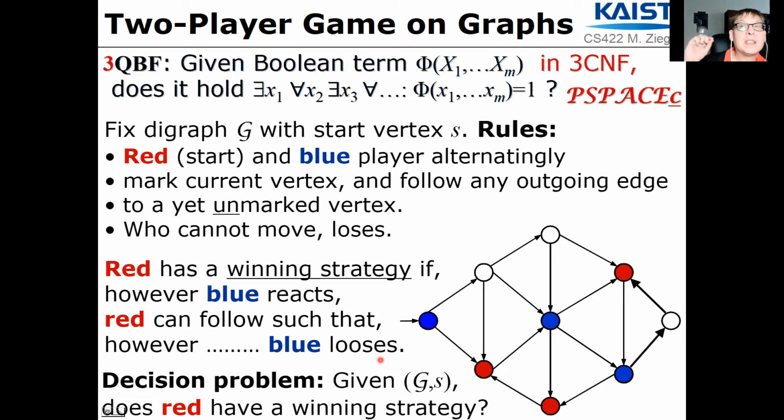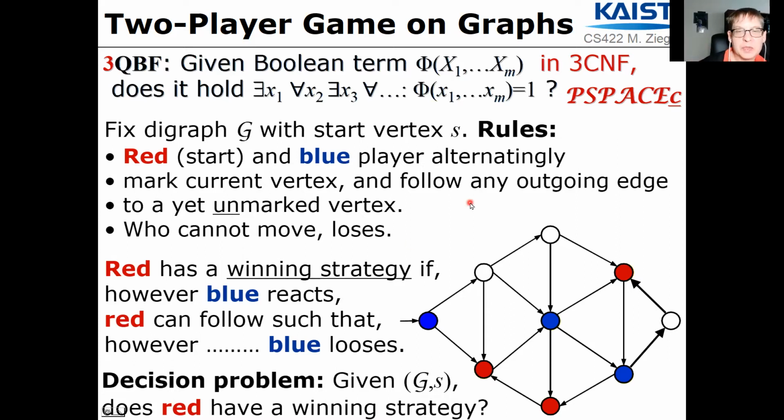And observe that it is well-defined, because precisely one of the two players has a winning strategy. If it's red, the decision problem should say red, and otherwise blue, or put differently, it should say yes or no. So this is a decision problem.